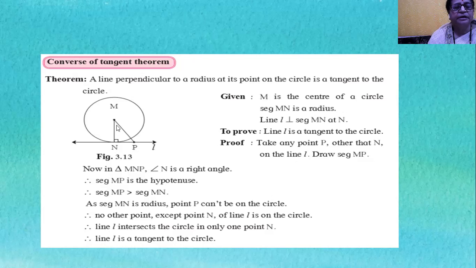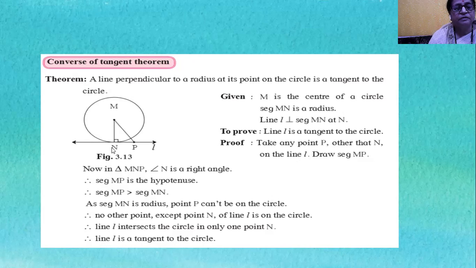With this segment, a triangle is formed, that is MNP, a right angle triangle because N is a 90-degree right angle. Therefore, segment MP is the hypotenuse. So MP is greater than segment MN, as segment MN is a radius.